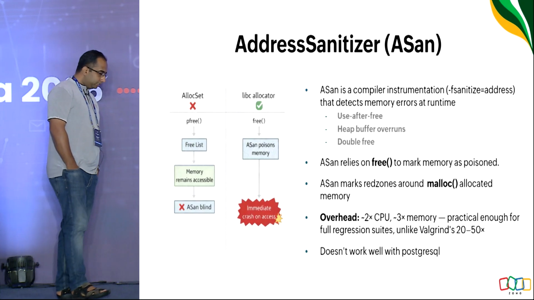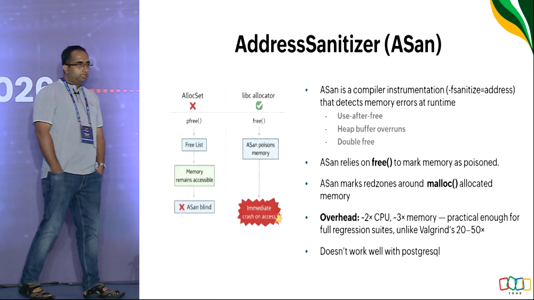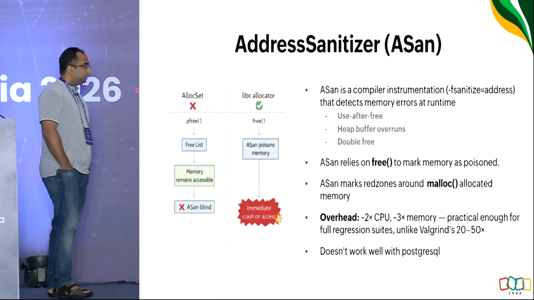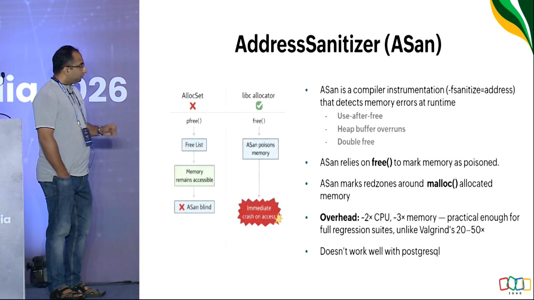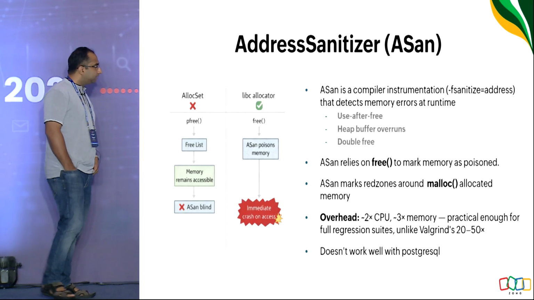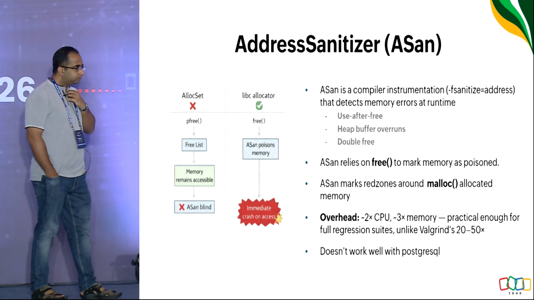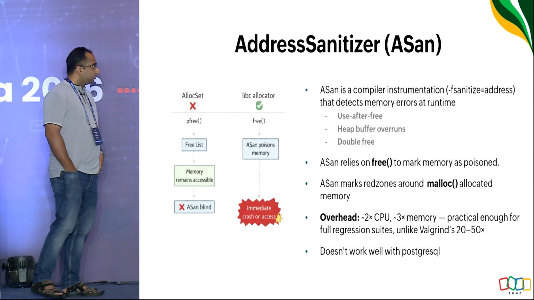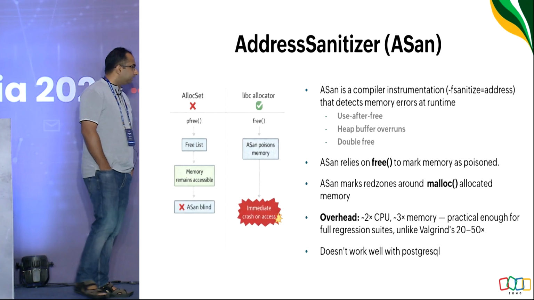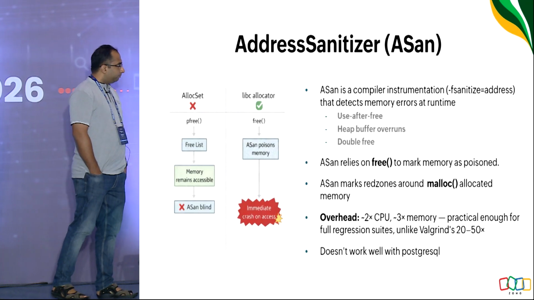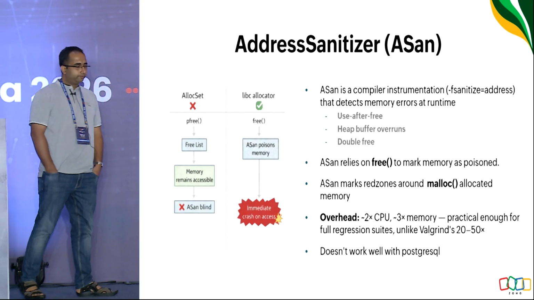It relies on free and realloc APIs: free poisons the memory that is getting freed, and ASan marks red zones around malloced areas. The overhead is around 2x on CPU and 3x on memory, but it is practical enough to run your regression suites and testing.